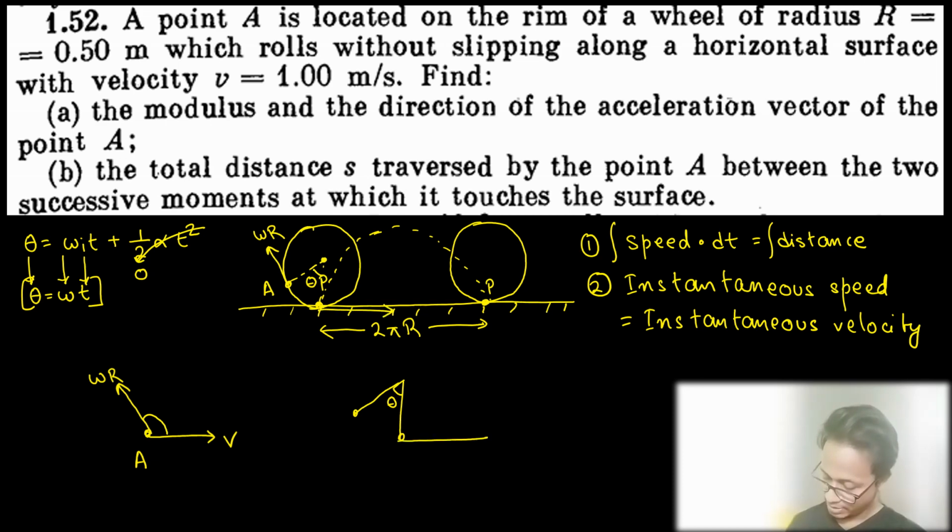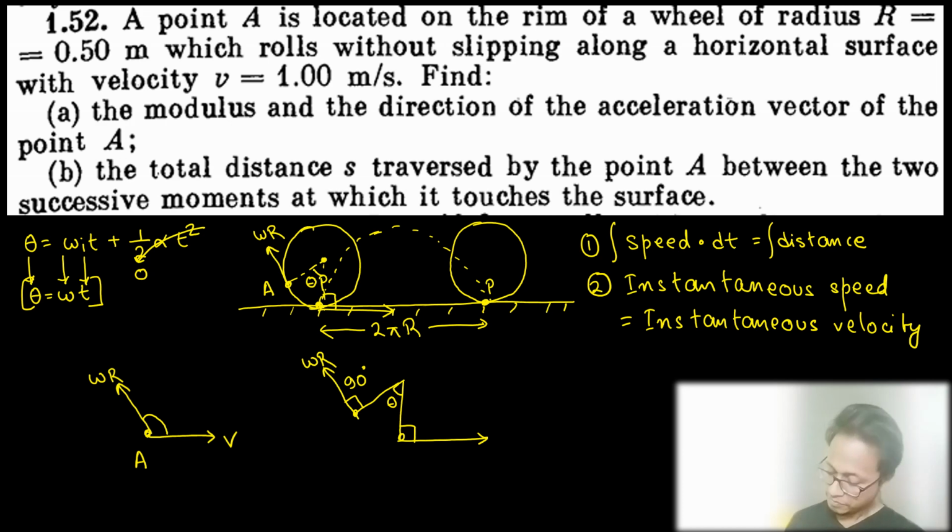I can draw a straight line out here. The angle made by this angle and this radius is 90 degrees. Okay, so watch out. And this was the direction of omega r. What is the angle between this and this line? This line and this line are always 90 degree.